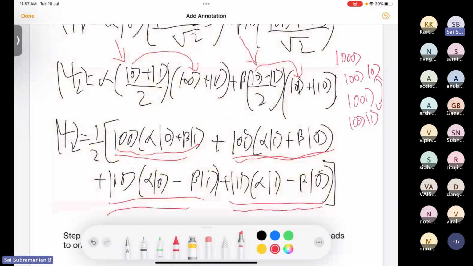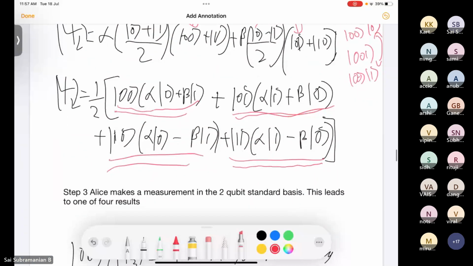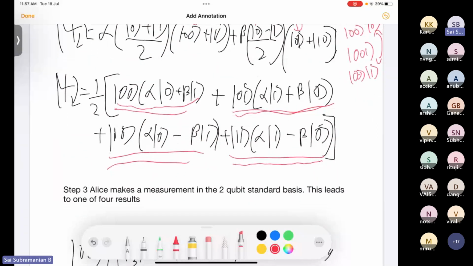And what are we getting? So if we look at Alice's 2 qubits, they are either 00, 01, 10, or 11 now. And this is a standard 2 qubit basis. And Alice can make a measurement. And once she makes a measurement, she knows what that measurement is.